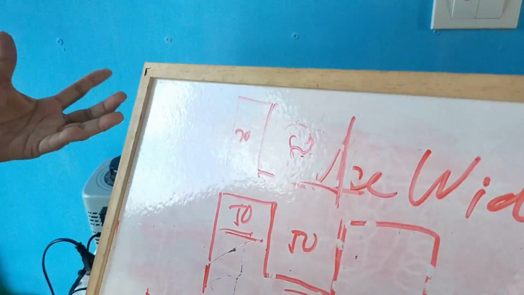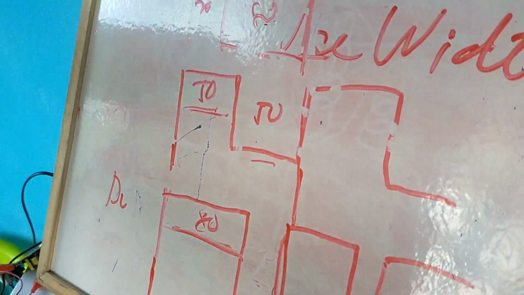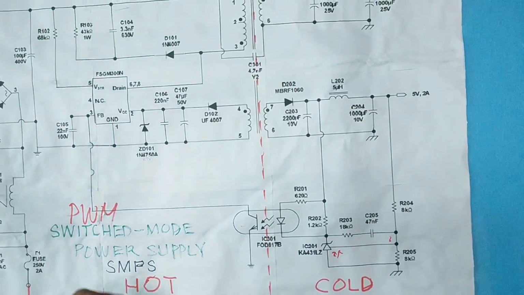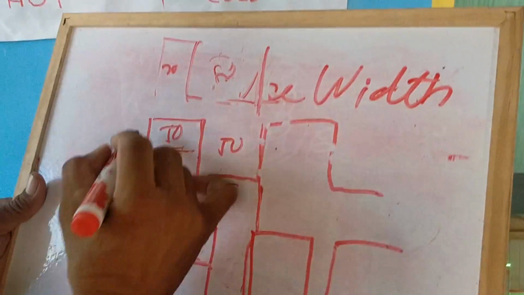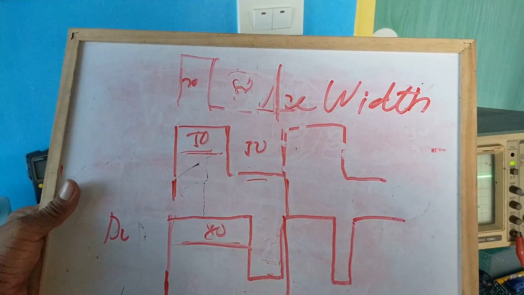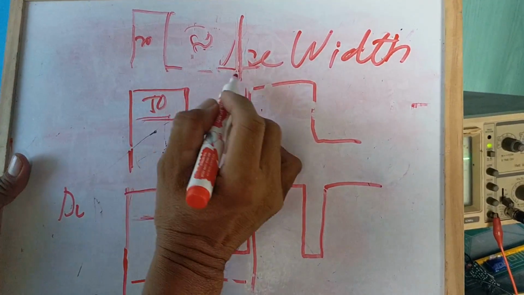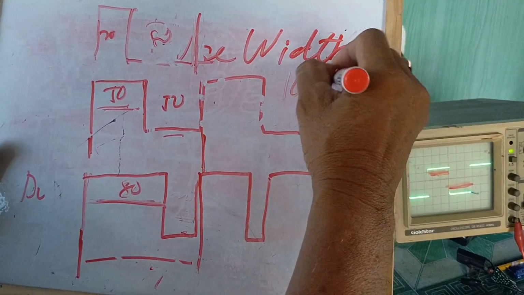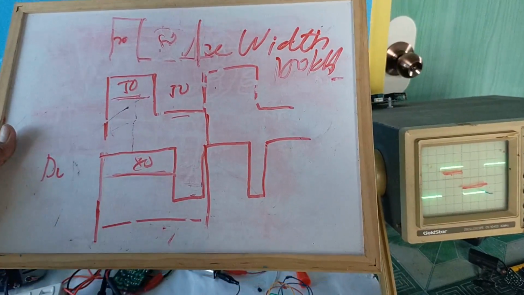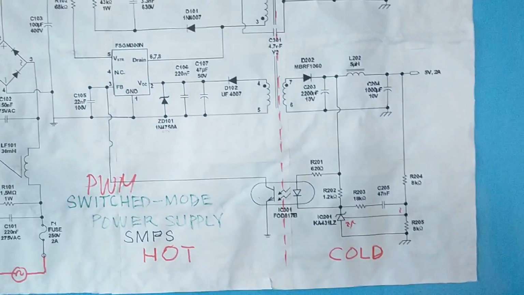So we reduce the operation of the transistor because there's an increase at the output. So that reduces the operation of the transistor. So actually it is only the pulse width that is being adjusted, but the frequency retains the same, 100 kilohertz. 100 kilohertz is retained.